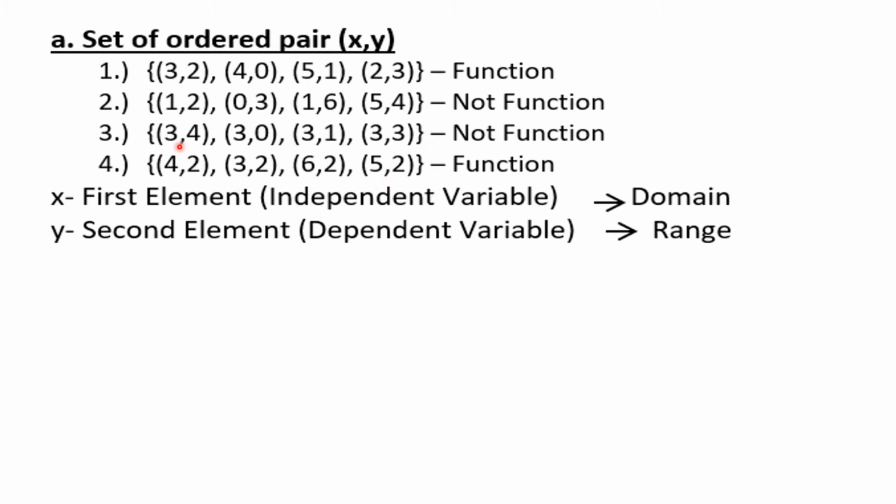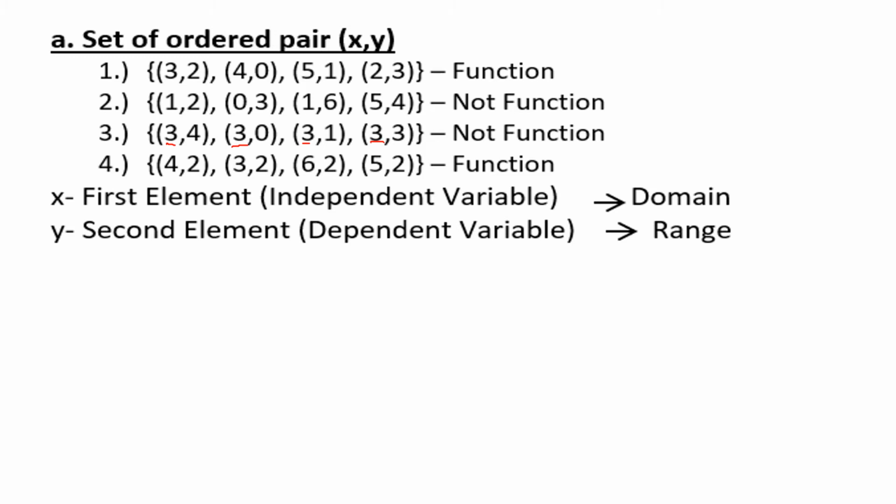Again, we have the same input in each ordered pair, but different outputs. Take note again that we cannot have the same input, or the x value, in our function.